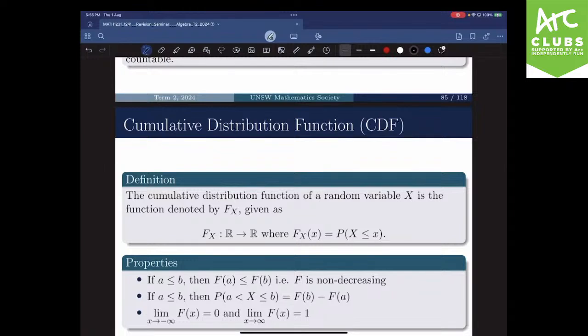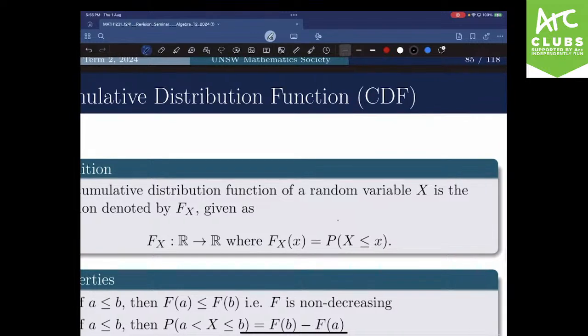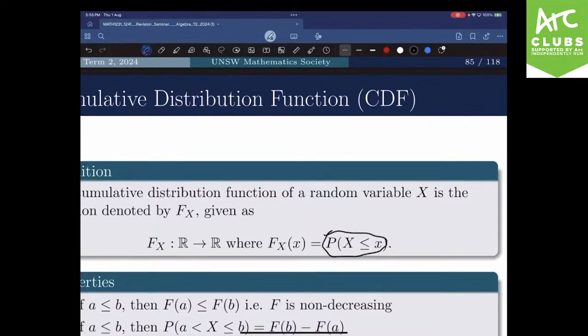What does cumulative mean? Cumulative means we just add things up together, and that's exactly what we do for a cumulative distribution function. It is related to the probability distribution function in the sense that it adds up the probabilities as we go. So P of X less than or equal to x is just saying I'm adding up all of my probabilities for X less than or equal to x.